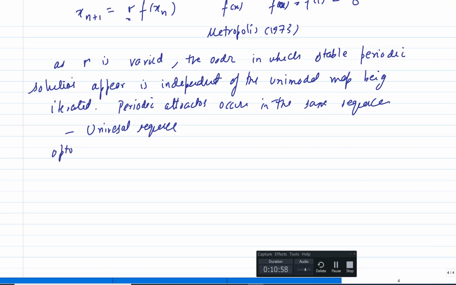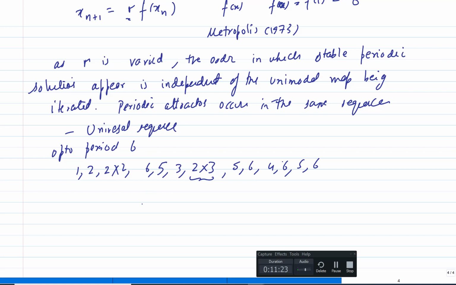Up to period 6, the universal sequence is 1, 2, 2 times 2, that's period 4, then 6, 5, 3, period doubling of the period 3 orbit, 5, 6, 4, 6, 5, 6.